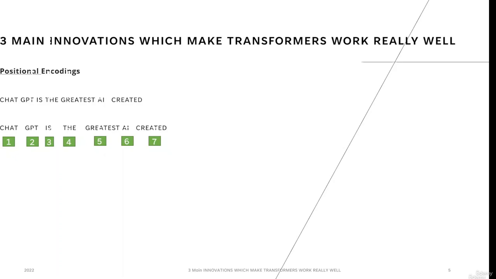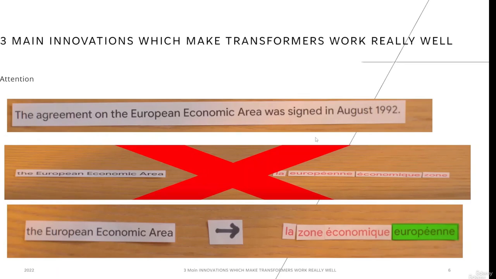After positional encoding, let's move on to attention. What is attention? Imagine trying to translate an English sentence into French, and one bad way of doing it is to convert word by word. In French, some words are flipped. For example, European comes before economic. The attention mechanism is a neural network structural mechanism which allows the text model to look at every single word in the original sentence when deciding how to translate a word in the output sentence.